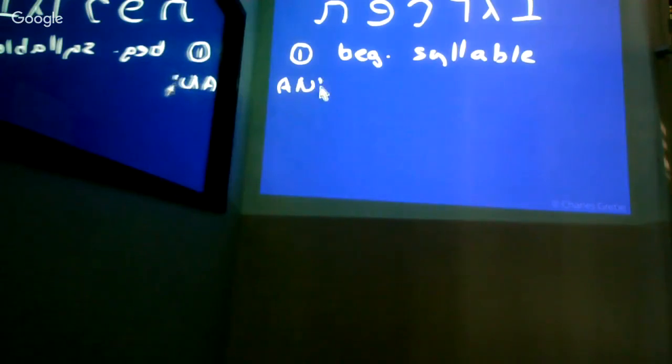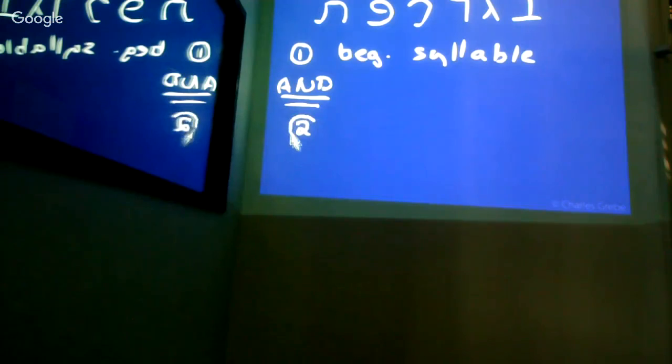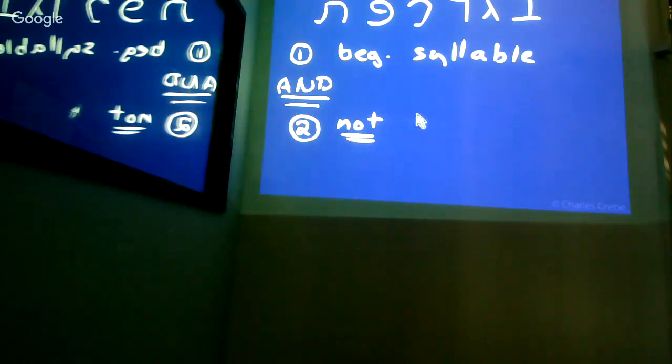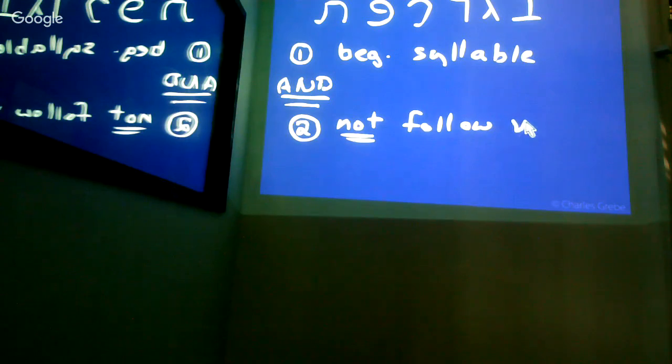So I'm going to put a big hand here. The first, it must be at the beginning of the syllable. And secondly, it must not follow a vowel. So no preceding vowel. Beginning of syllable and no preceding vowel. That's where you'll see the Bagad Kefat letter having a Daghesh Lene. Daghesh Lene would be one of these letters if these conditions are met.